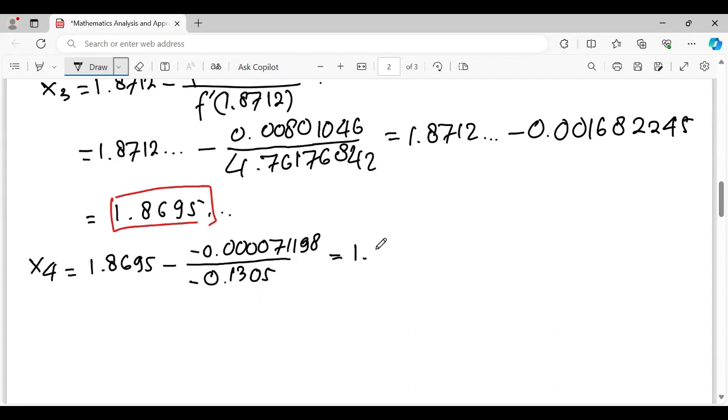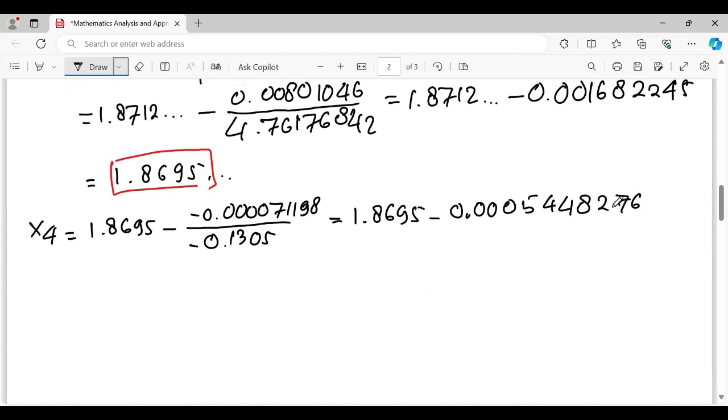It's going to be 1.8695 minus 0.000545448276.